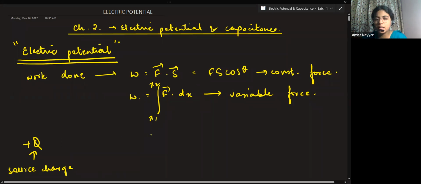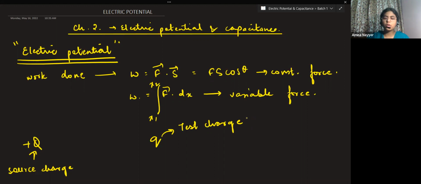Now I bring another charge. This is Q, small q charge. This is my test charge now. All right, so again, the similar concept of source charge and the concept of test charge. Now see, test charge is small q.